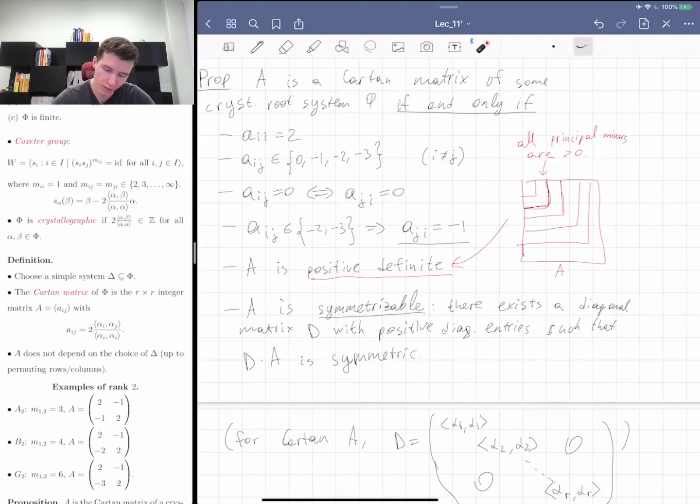One other thing I want to mention is that the Cartan matrix of a root system is a kind of complete invariant.